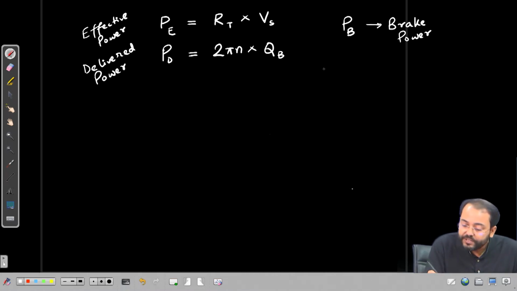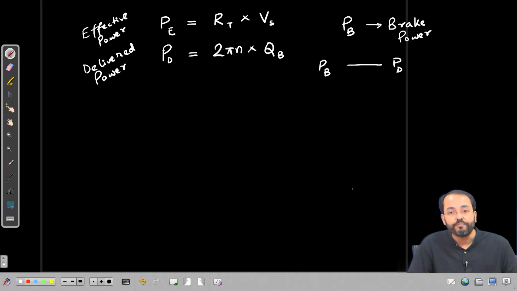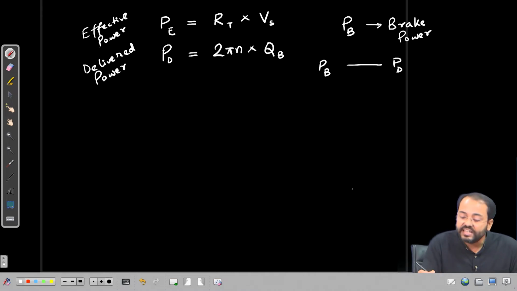So, between PB and PD there is some loss, which is due to the shafting, the gearboxes and the bearings. This loss is generally in the range of 2 to 4%.